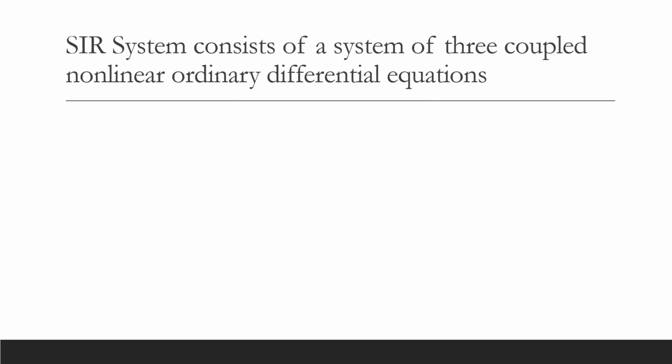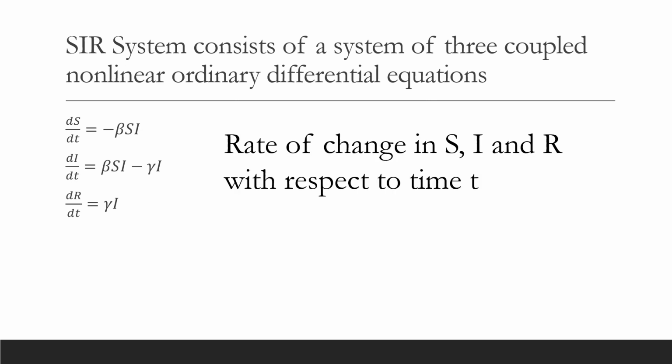In this case, the SIR system can be expressed by the following set of differential equations. dS/dt is equal to minus beta SI, dI/dt is equal to beta SI minus gamma I, dR/dt is equal to gamma I. These three equations show the rate of change of S, I and R with respect to time t.